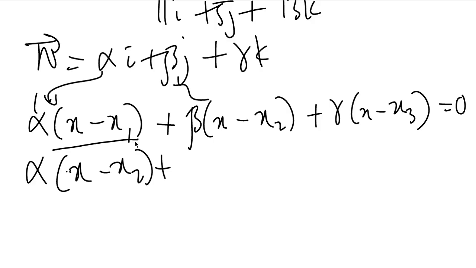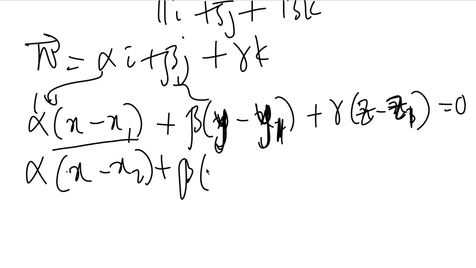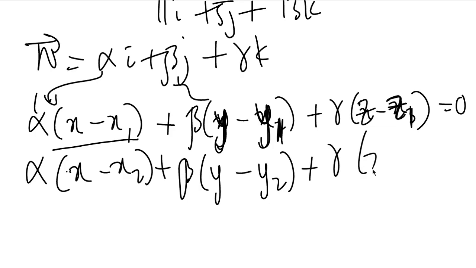This is x minus x1, and then this is y, this corresponds to the y vector, y minus y1, and then z minus z1, because we are looking at the x, y, and z plane, so sorry for that. And then for the beta, we have y minus y2, and then plus gamma of z minus z2, and then the same applies if we are now looking at the third point, maybe from the normal.